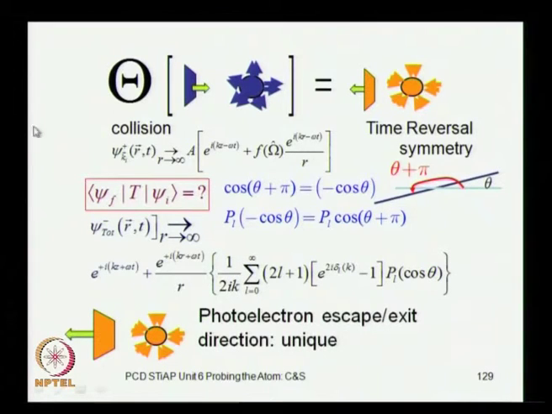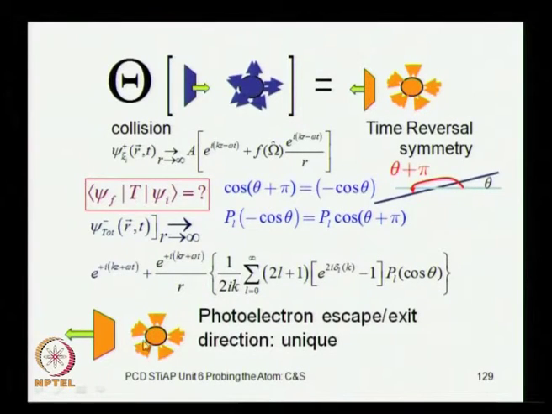The advantage of this is that we have seen that in the photoelectric effect, when you have the electron ejected, that is the only direction with reference to which you can measure different angles, because that is the unique direction. There is no electron in the initial state in the photoionization process. The initial state consists of a photon and an atom. It is the final state which has an ion and an electron, which is similar to the final state of electron ion scattering.